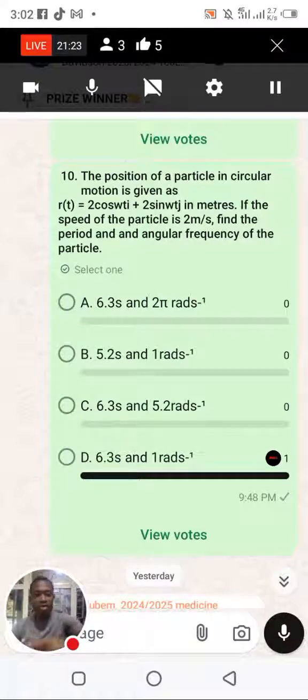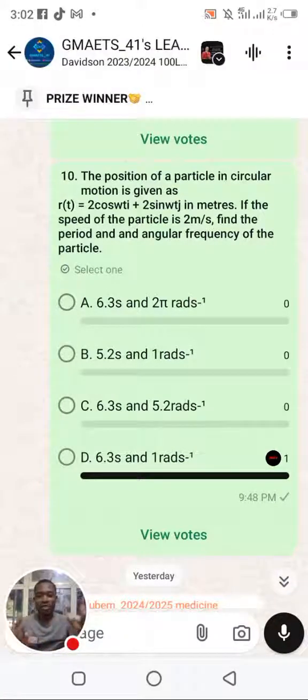Now, if the speed of the particle is 2 meters per second, the examiner asks you to find the period and the angular frequency of the particle. If you solve that based on the knowledge already obtained from the online class, you would have the correct answer to be D, 6.3 seconds and 1 radian per second as the angular frequency.